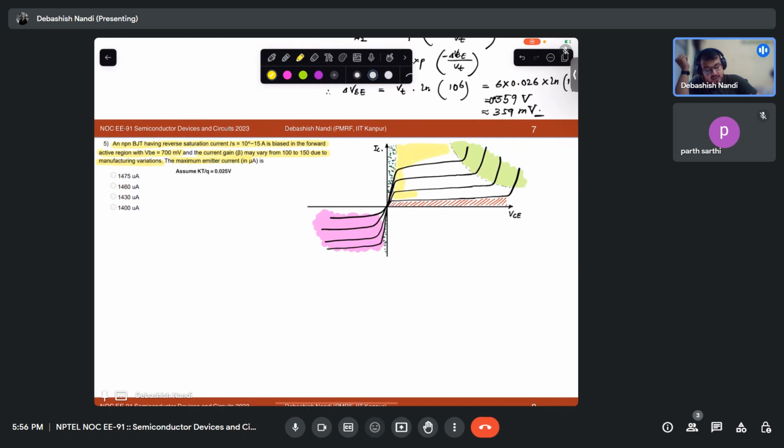So can you unmute and tell me what are the regions of operation? So what are these? These are various. This is, let's say, VBE1 or your IB1. This is for VBE2 or your IB2. Let's say this is IB3. This is for a particular IB4. Can you unmute and tell me, Patsarthi, what are the regions of operation?